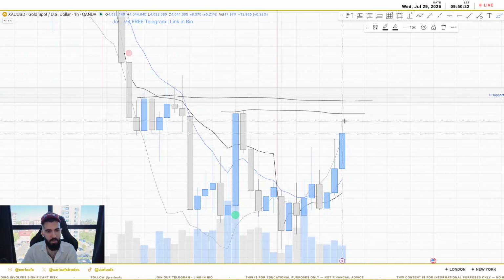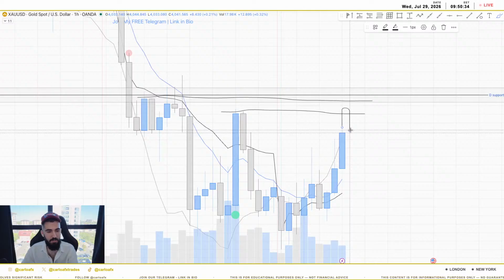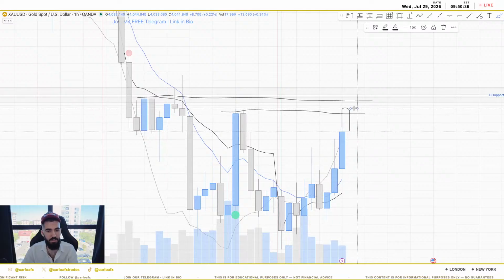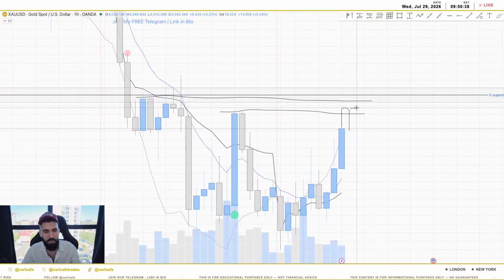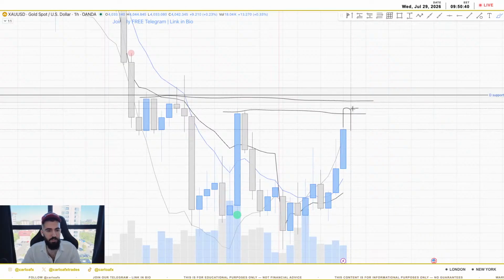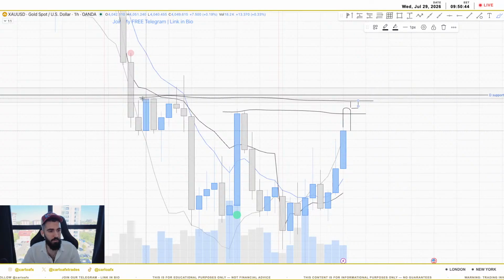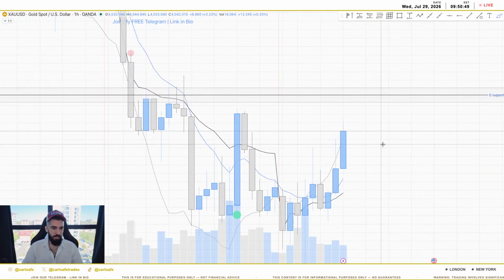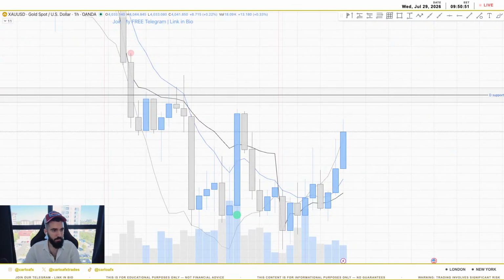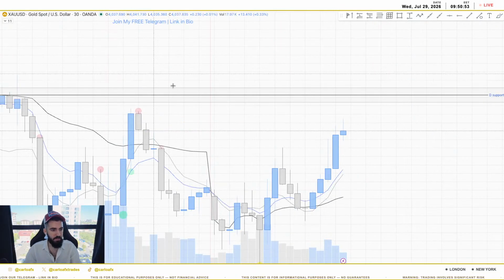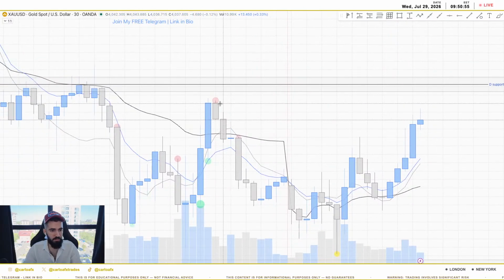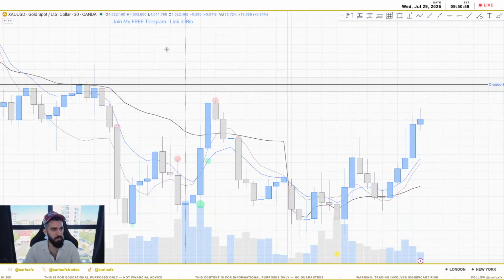So if we break only this resistance right here and we take an entry from here, retest and take an entry, right, the next candle can touch this point right here where this resistance is up here and then come back down. So this doesn't make any kind of sense at this point. 30 minutes looks okay, but it's kind of the same situation.